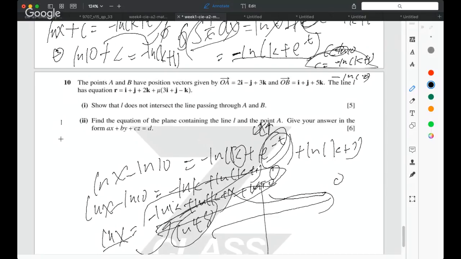If two lines intersect, then you can equate the two lines, and if you have a solution, it means they intersect. If you cannot find a solution, they don't intersect.